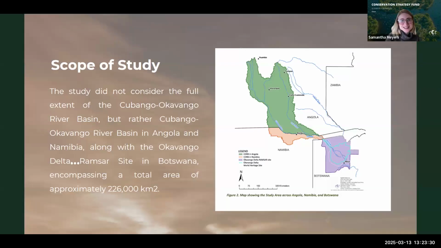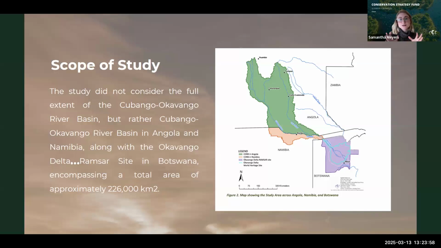Thank you. Okay, so this is the scope of the study. It was a limited study area. The whole ecosystem is quite large. We also only chose about 8 ecosystem services to value during this process. But as you can see, the entire river basin engulfs a huge part of Angola, a very important part of Namibia has access to the river and the water, and then down into Botswana, where you have the delta and the key biodiversity area.